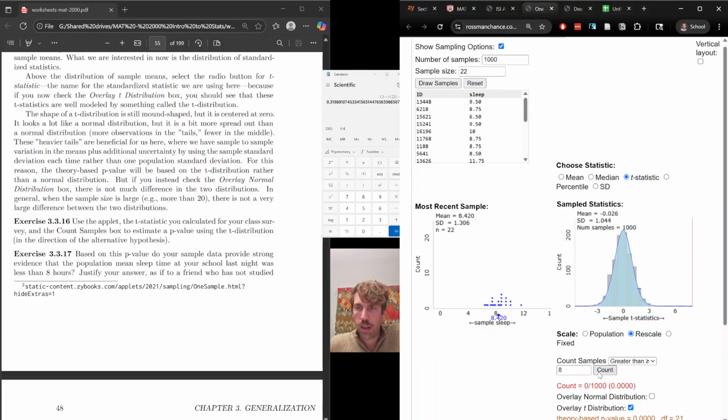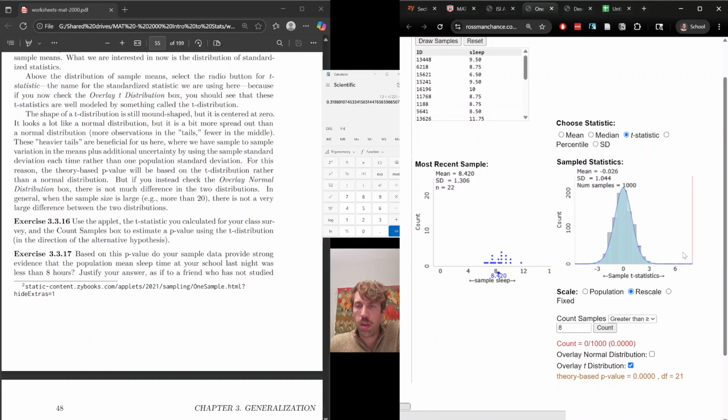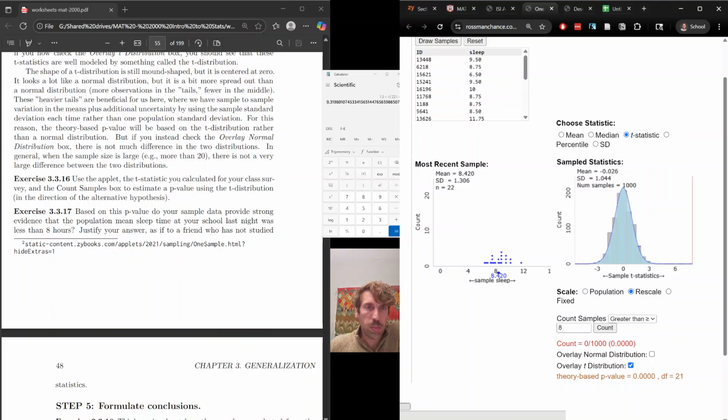Our count of sample statistics that are 8 is 0 out of 1,000, and our theory-based p-value is also 0.